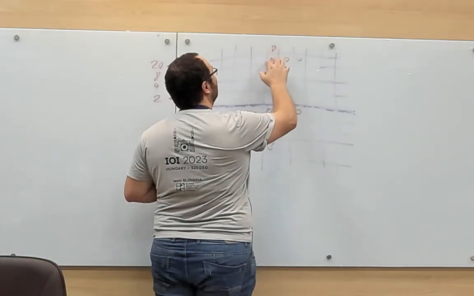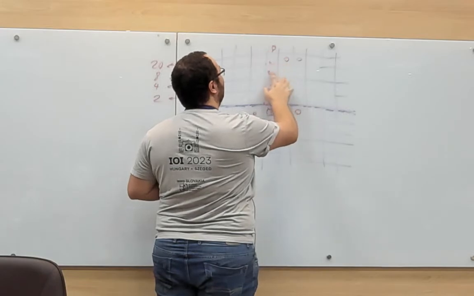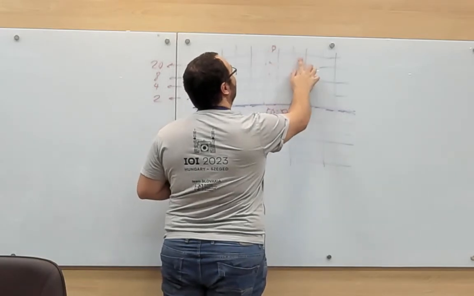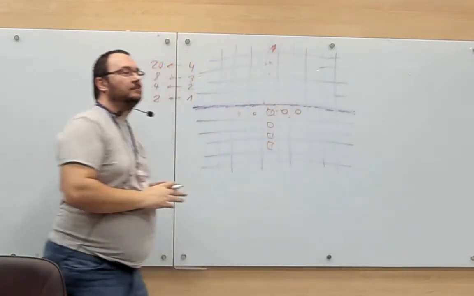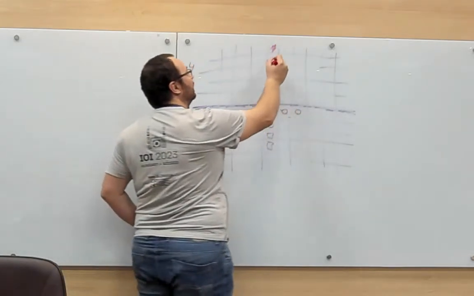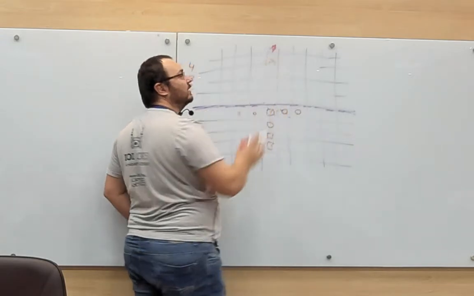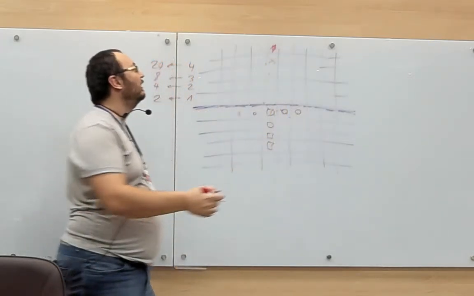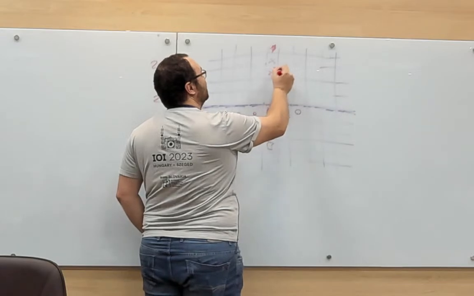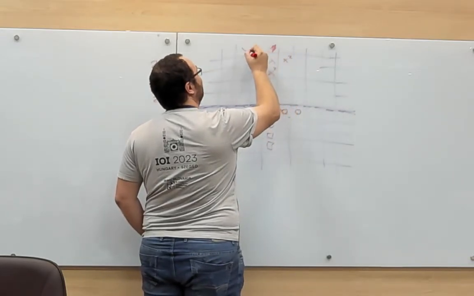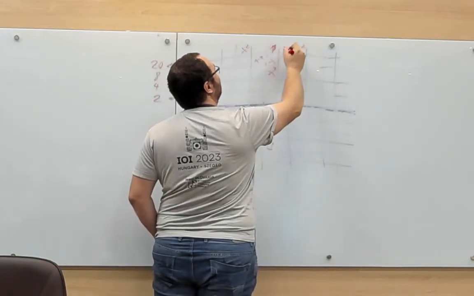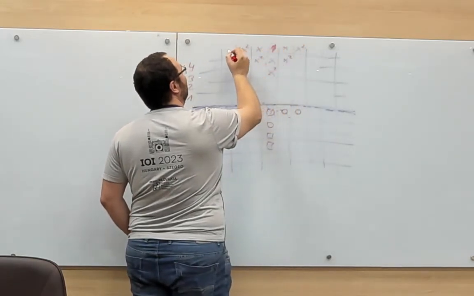So let's say that the final cell, as before, will have weight 1. And now one step closer will be some x. We don't know what the constant is yet, but we will determine it very quickly. This will be x squared, this will be x squared, this will be x squared as well. These are x, these are x cubed.